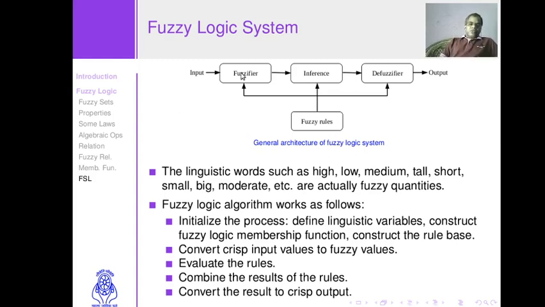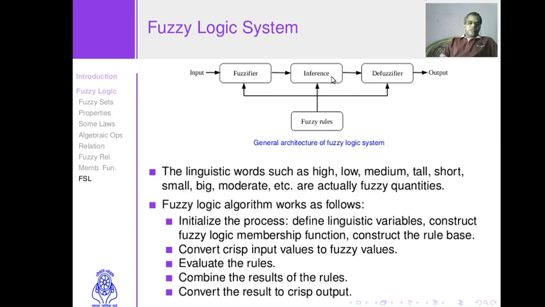So this system works like this: we provide some input, and that input is received by a component, the fuzzifier. The job of the fuzzifier is to convert the crisp input to fuzzy quantities.